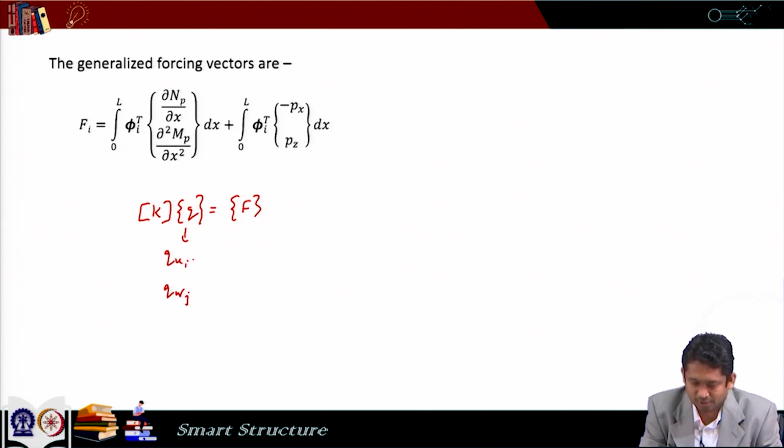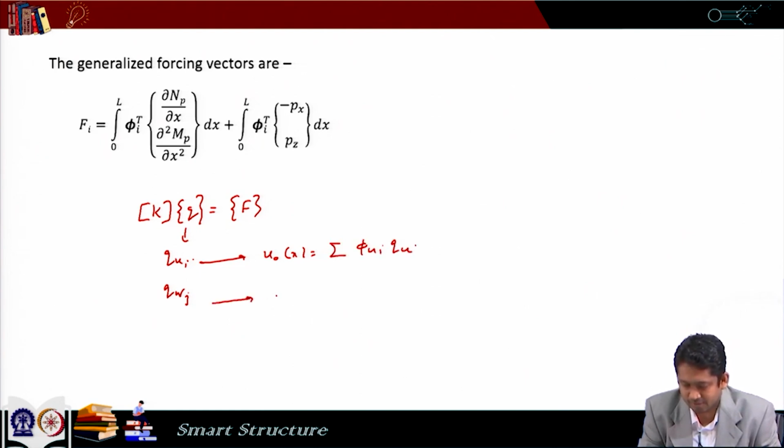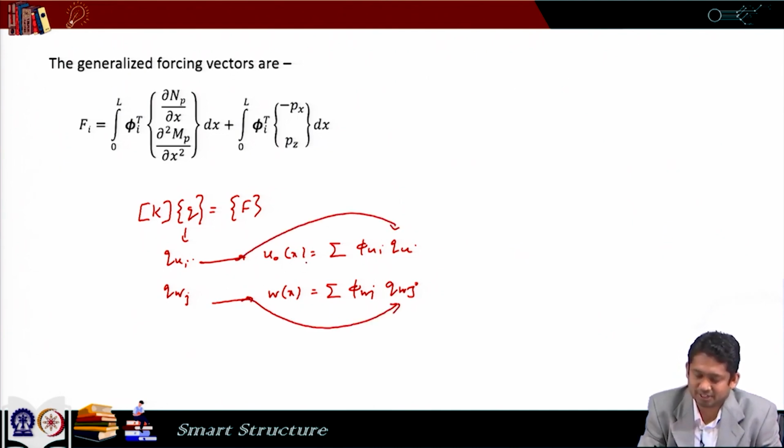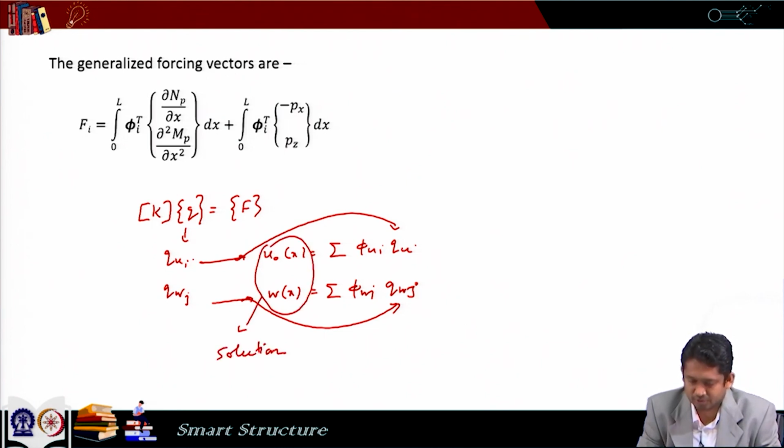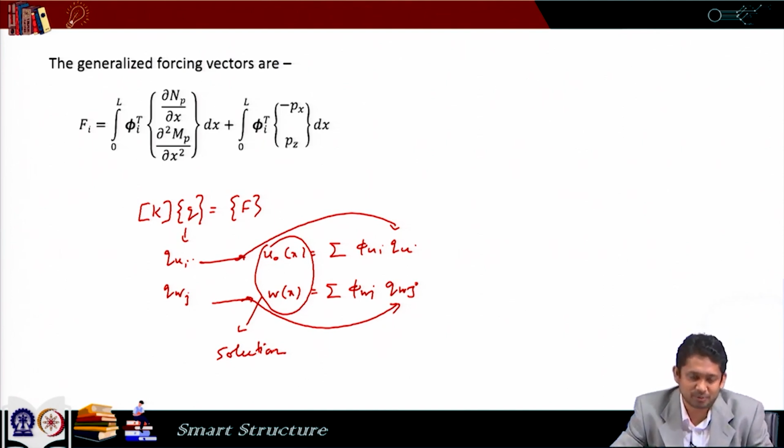So, we get QU and QWj from here, and then we put them back in our approximation, that U0 as a function of x is the summation of phi ui into QUi, and W as a function of x is equal to the summation of phi Wj into QWj. So, we just put it here and we put it here, and that gives us the desired solution. So, that is one way to solve these differential equations.